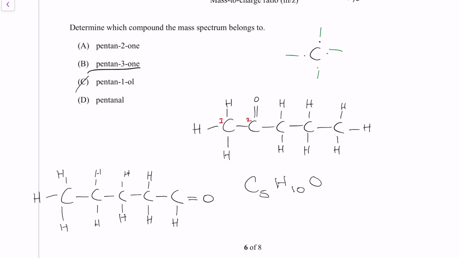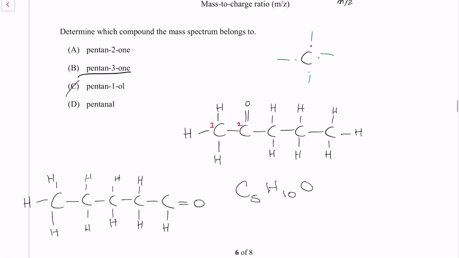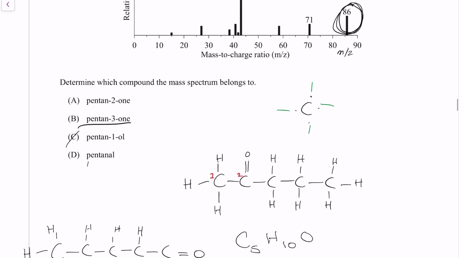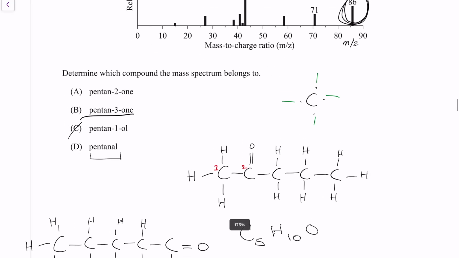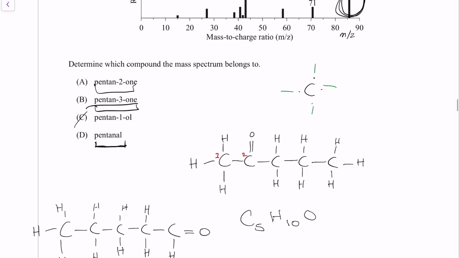So we have a carbonyl on the end of the chain, as opposed to a ketone where it's in the middle of the chain, which is why we need to write a number for the ketone, but not for the pentanal, because it's always going to be pentan-1-al. But we don't really write that because an aldehyde already indicates that it's at the end of the chain, so it will always be the first carbon.